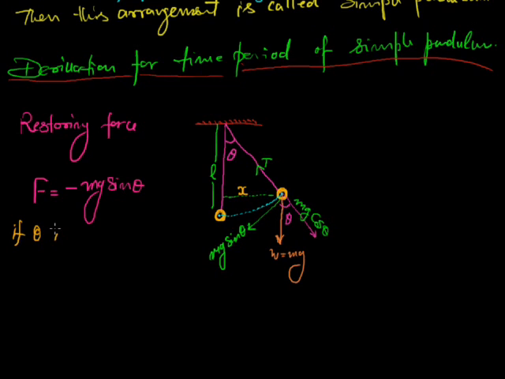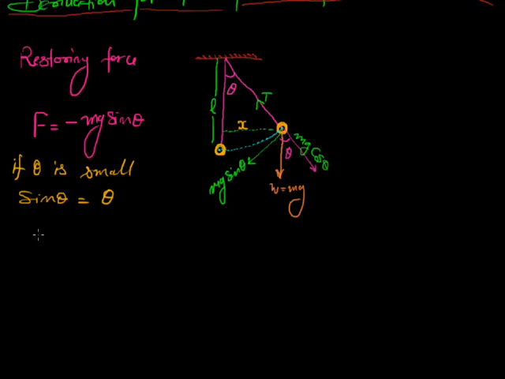If theta is small, then sin theta is considered as theta only. We know that angle theta is arc upon radius, and if theta is small, then arc and displacement x will be almost equal, and the radius of the path is L. So theta is equal to arc upon radius, approximately equal to x by L.